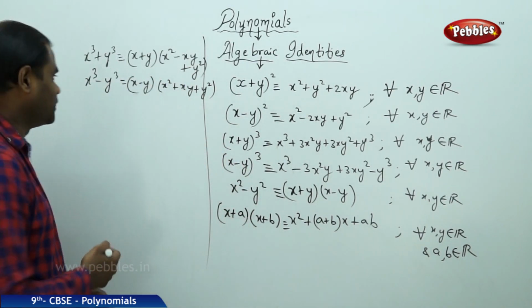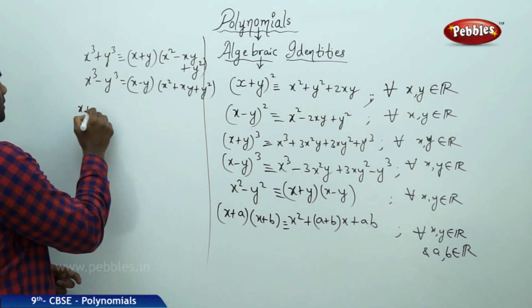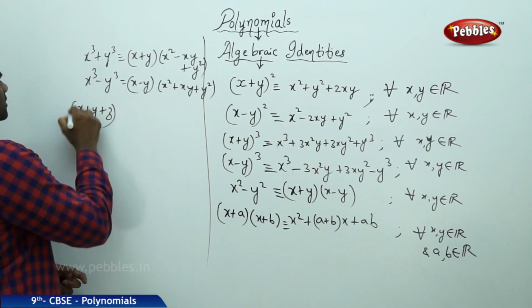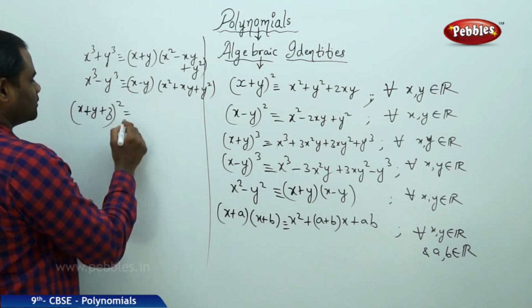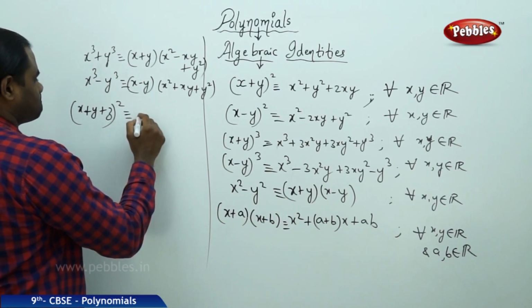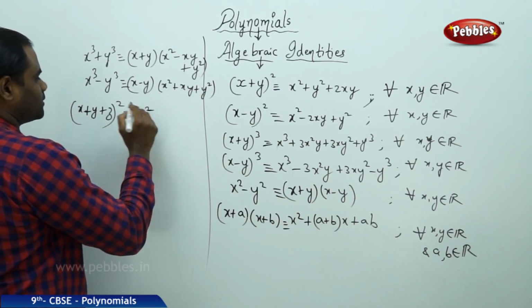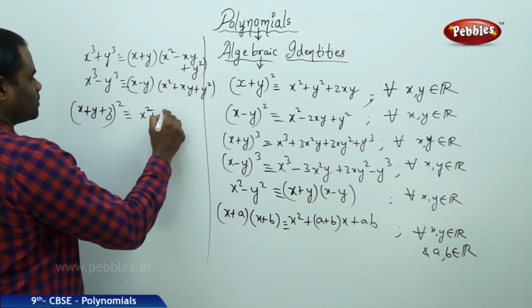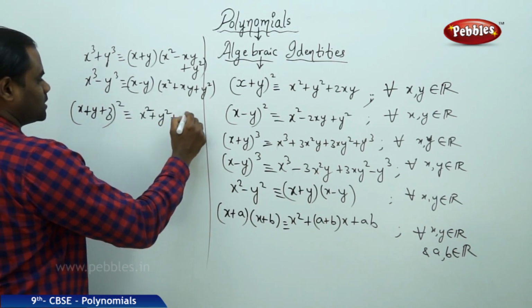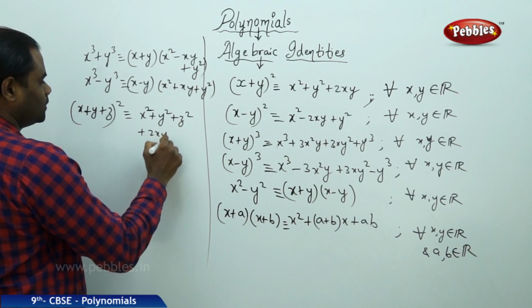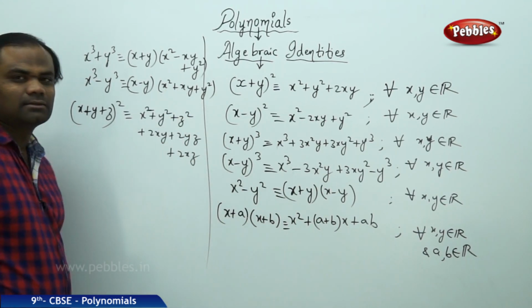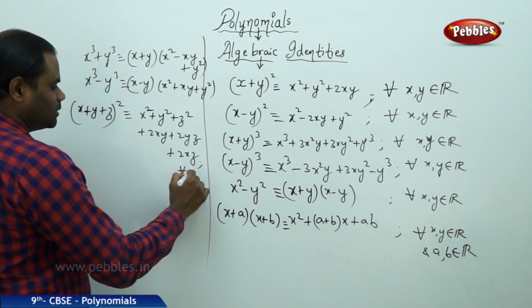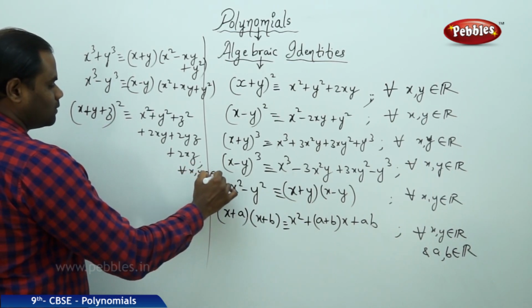What if I have three variables introduced, x plus y plus z whole square? Then this also can be identified to be an algebraic identity: x square plus y square plus z square plus 2xy, 2yz, 2xz for all the real numbers x, y, z.